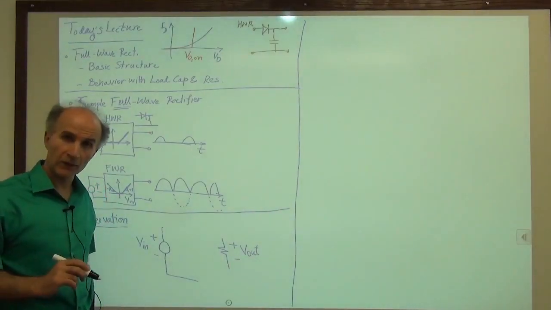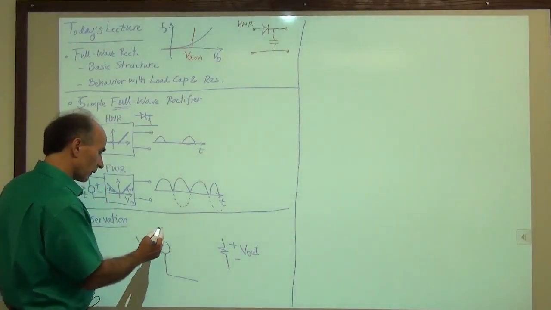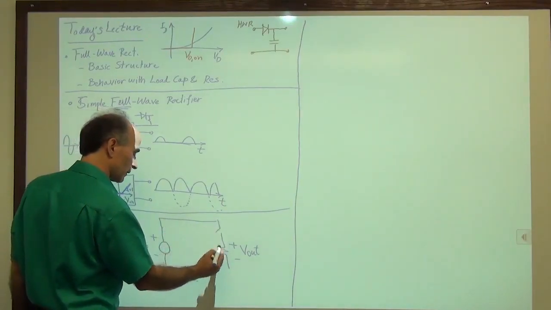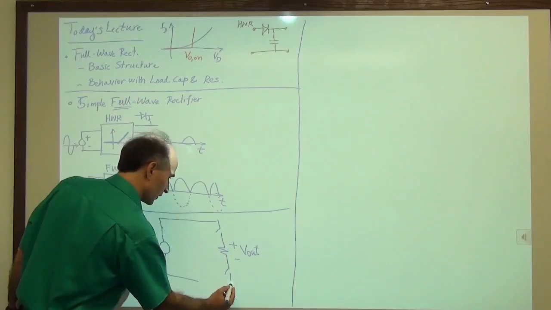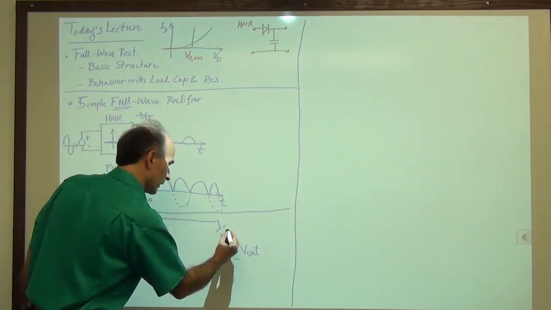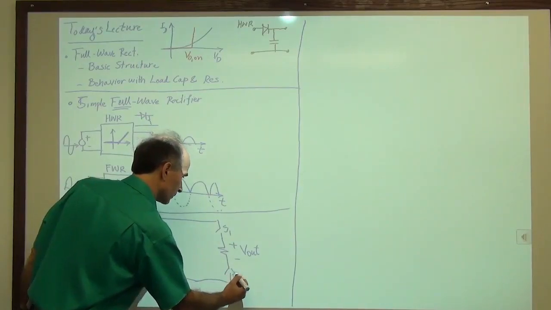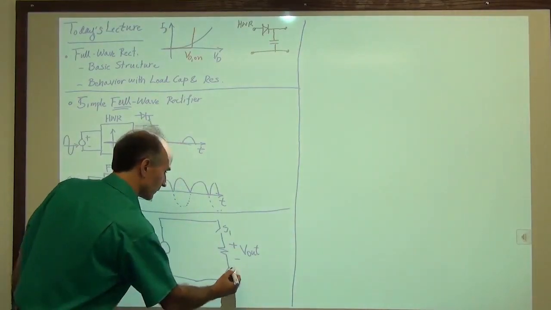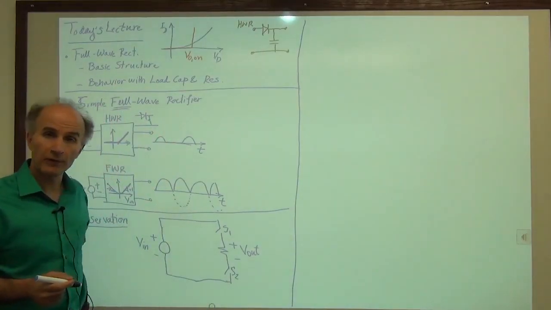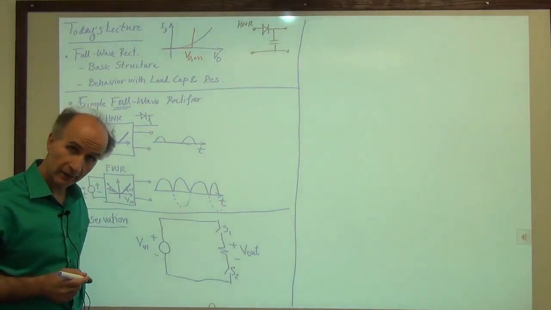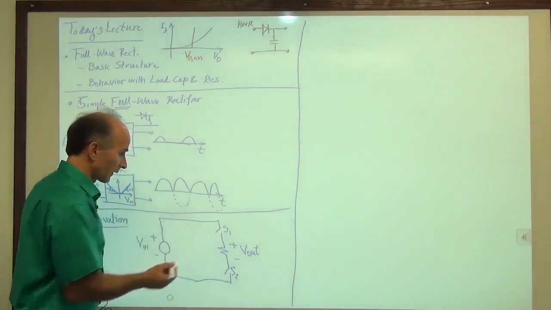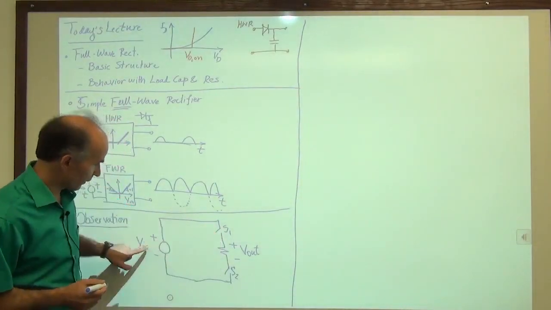Nothing surprising, nothing strange. Now, I will place one switch here and one switch here. I will call this switch S1 and this switch S2. So what happens if both of the switches are turned on? Well, it's very simple. If the switches are ideal, then this voltage is just equal to this voltage.